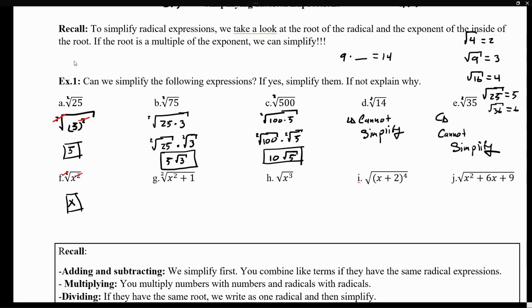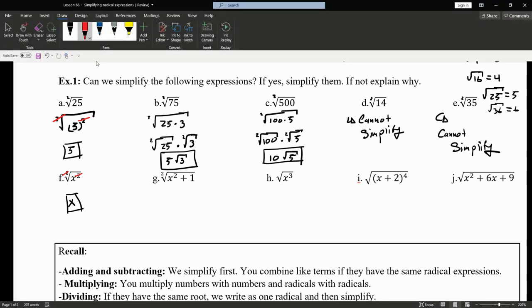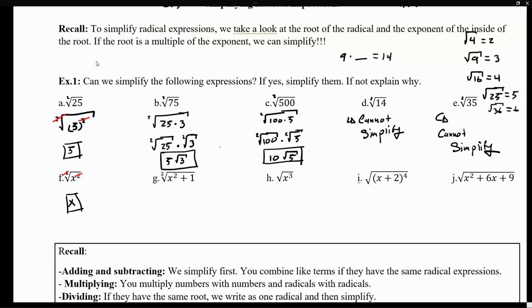All right. So coming back to example G, some students might be tempted to do the following, and this is something I do want to point out. Notice that now inside we have two terms, x squared and a 1. Some students might be tempted to say, well, the root is 2, this exponent is 2, so they cancel out.